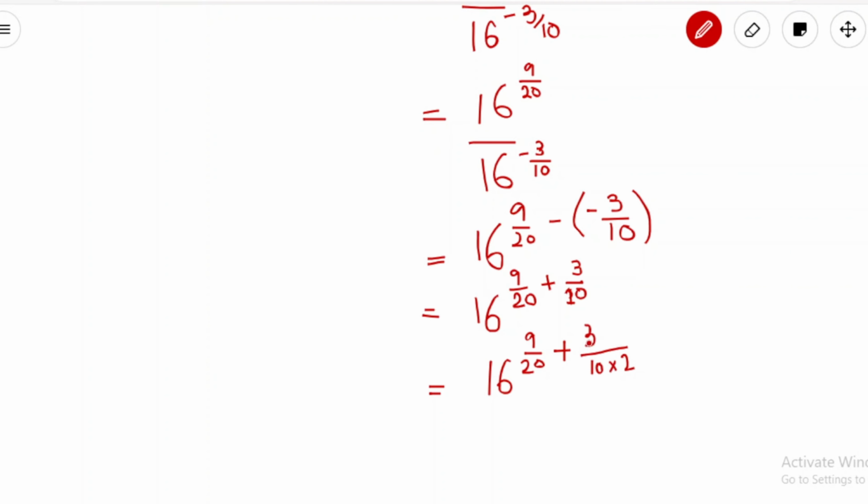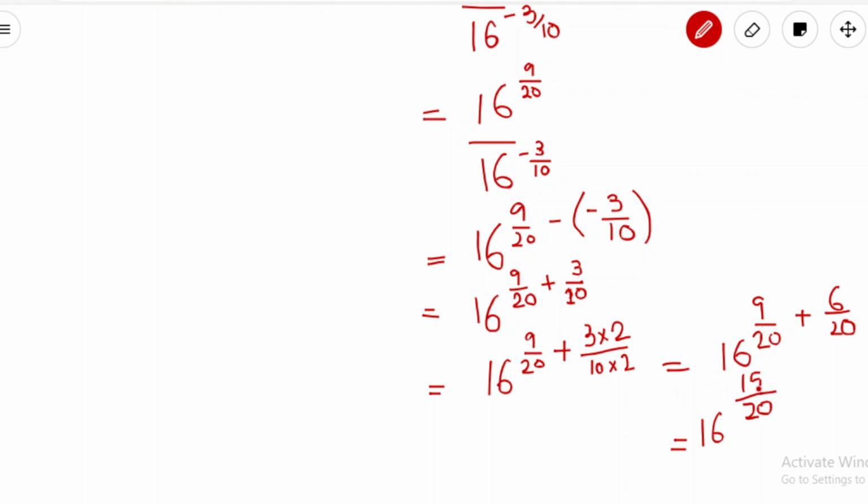So 3 will be multiplied by 2 and it will become 6 over 20. Now the denominators are similar, so we're just going to write the denominator once and add the numerators. So 20 will remain as it is in the denominator, and 9 plus 6 will become 15.